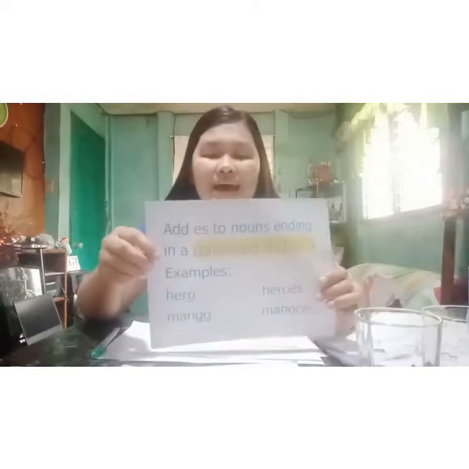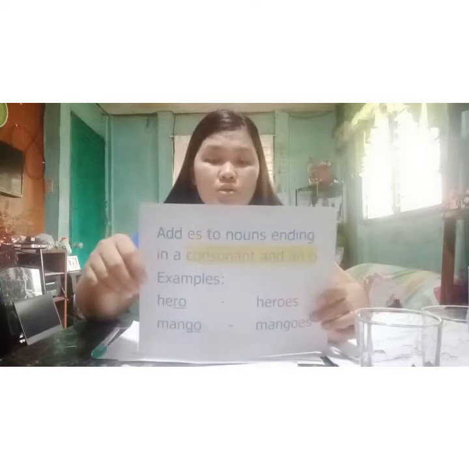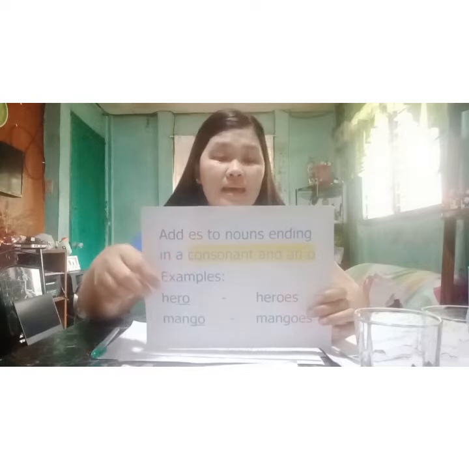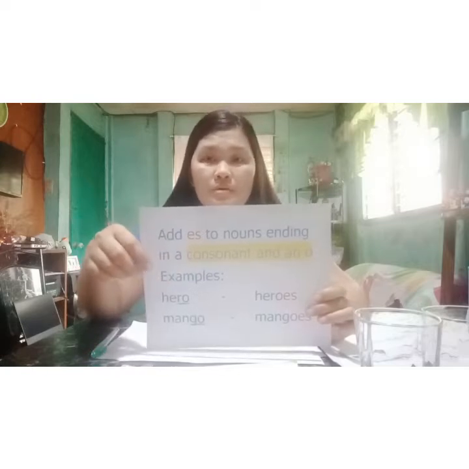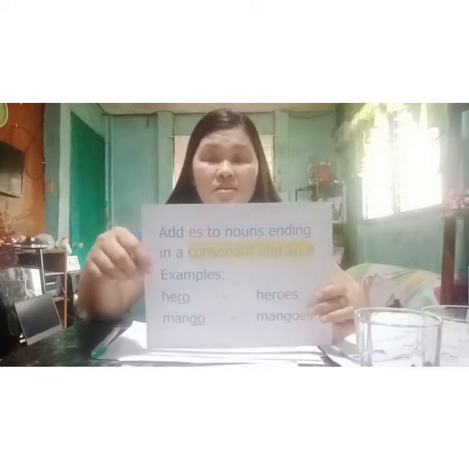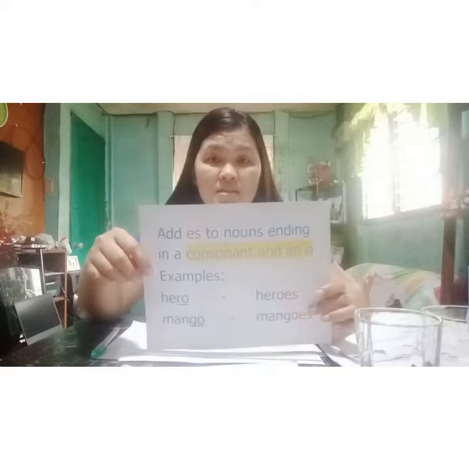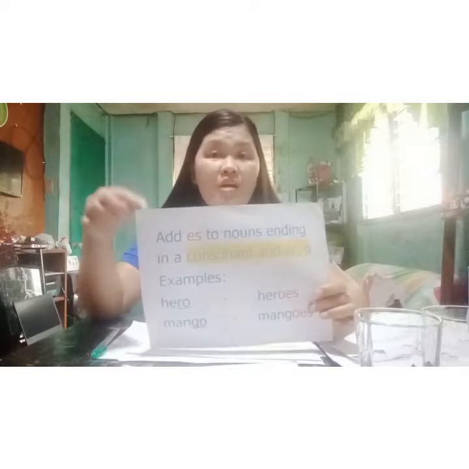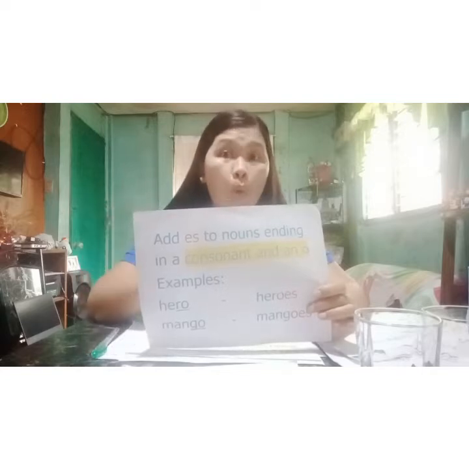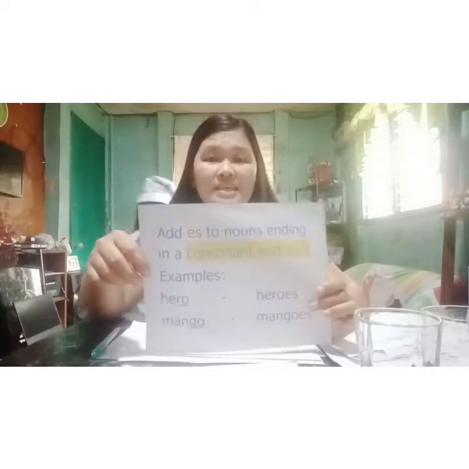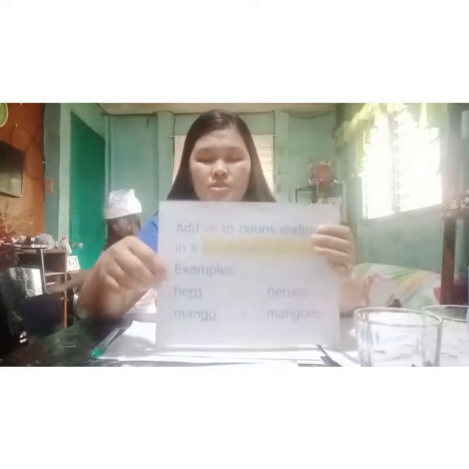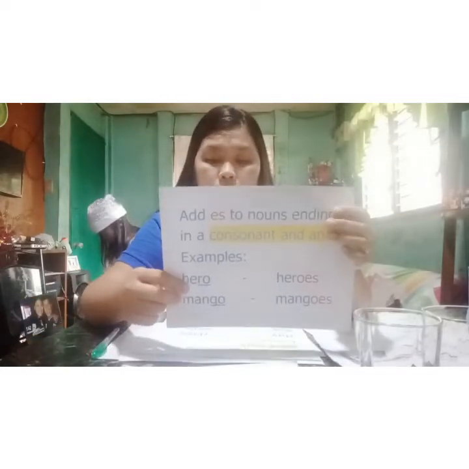Next, we add es to nouns ending in a consonant and an o. Remember, there are 21 consonants in the English alphabet. So if the noun ends with a consonant and an o, you need to add es to form its plural. Examples, we have here hero.